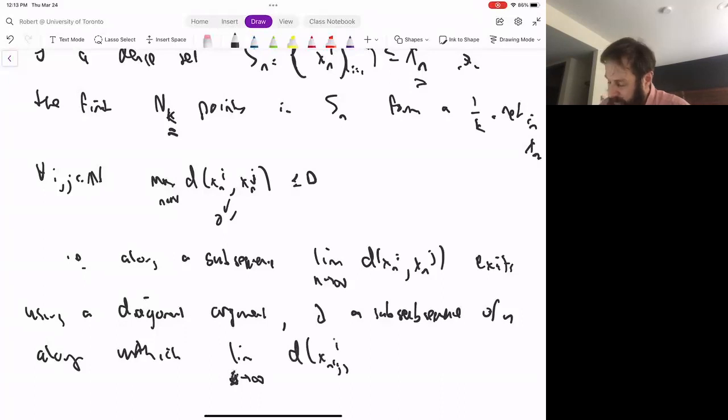Sorry, it's crummy notation. So I probably don't want to reindex, so I won't reindex after this line.